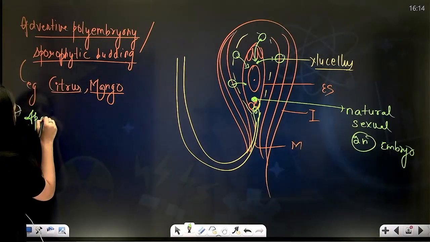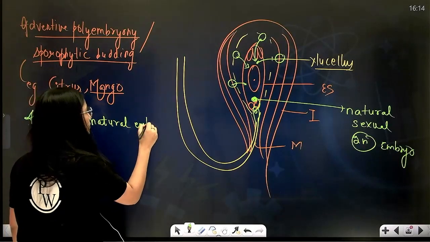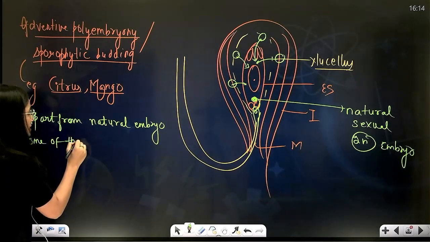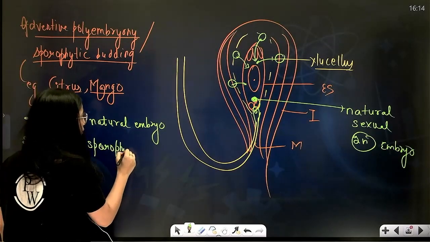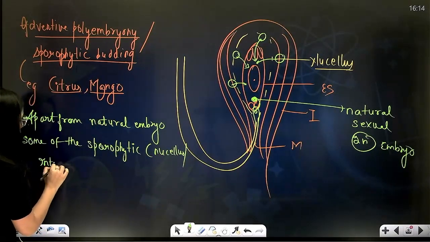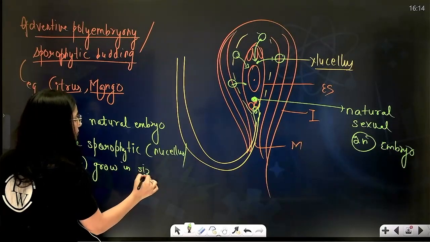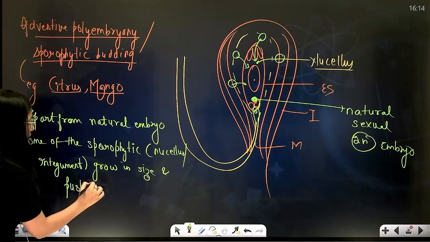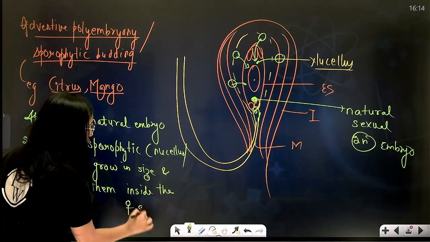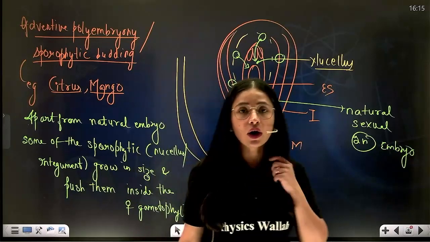Apart from the natural embryo, some of the sporophytic cells, sporophytic cells meaning cells of nucellus or integument, grow in size and push themselves inside the female gametophyte, which is your embryo sac, giving rise to a condition called polyembryony.